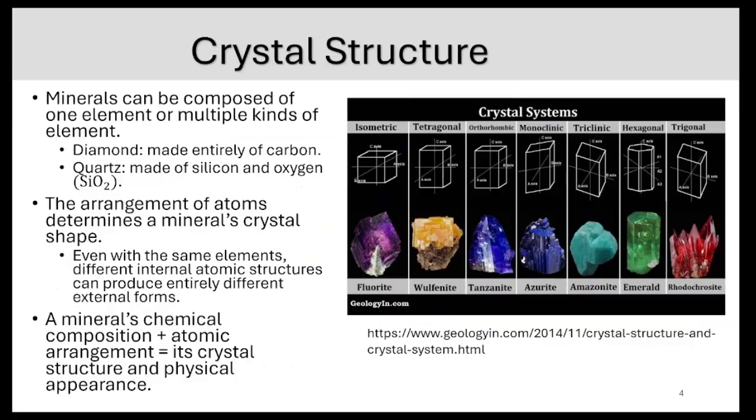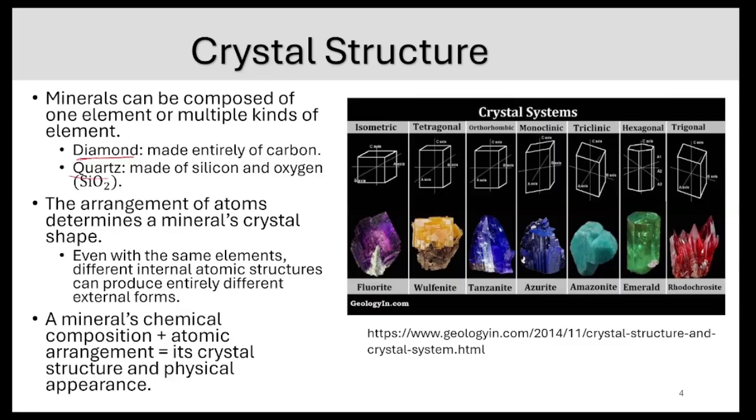Let's look at a couple of examples. In a crystal structure, a mineral's composition can involve, like we said, one or multiple elements. A very good example of a single element mineral is diamond, and a multi-element mineral can be quartz.